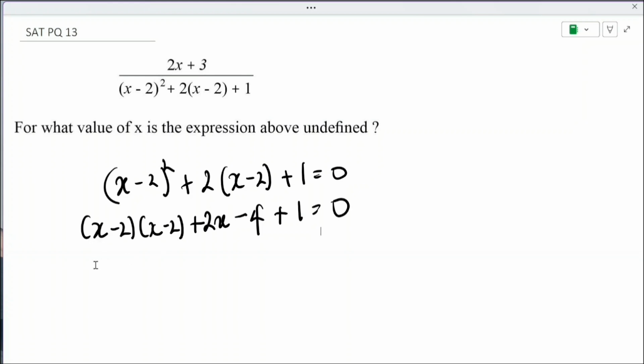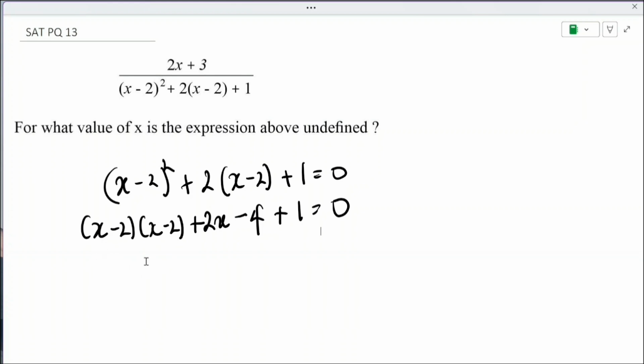You have to expand this. You can either choose to write this twice, then the first one gets multiplied by the x and the second one gets multiplied by the minus 2, or you can say x times x, times minus 2, then minus 2 times x and minus 2 times minus 2. Still the same outcome.